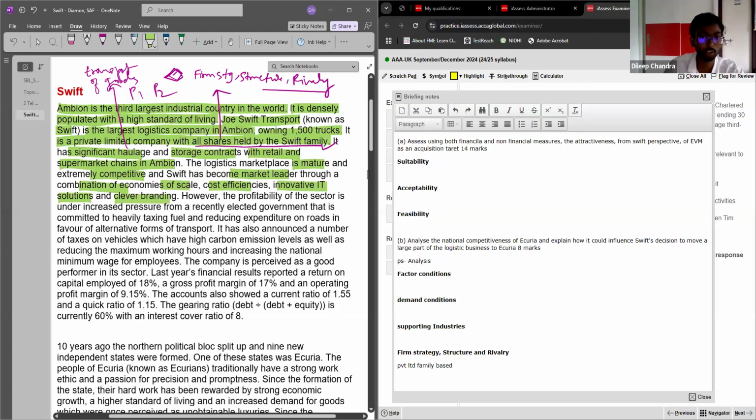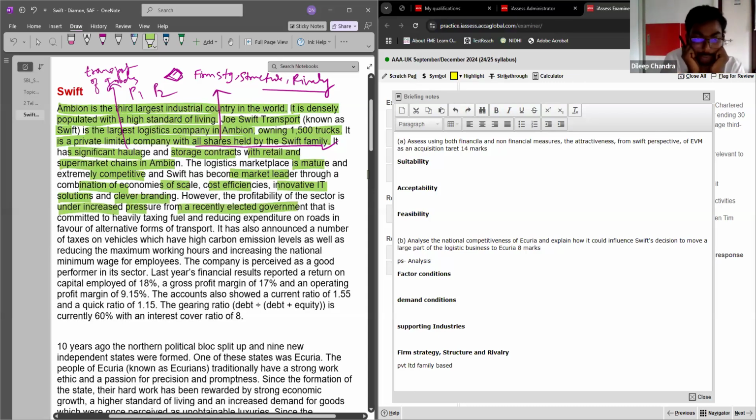Looks like these are all the strengths of Swift. This is how it has achieved its market leader position. However, the profitability of the sector is under increased pressure from a recently elected government.